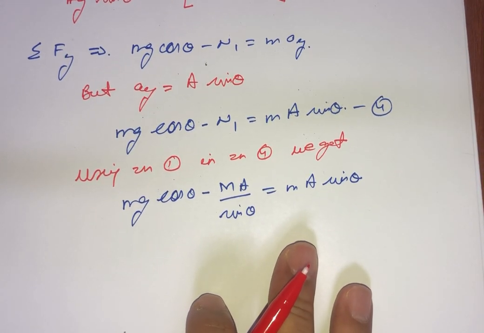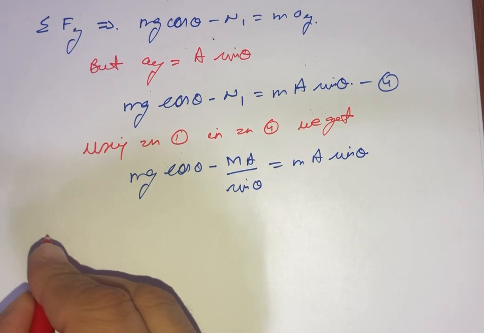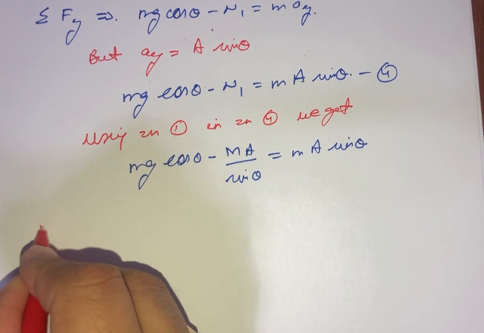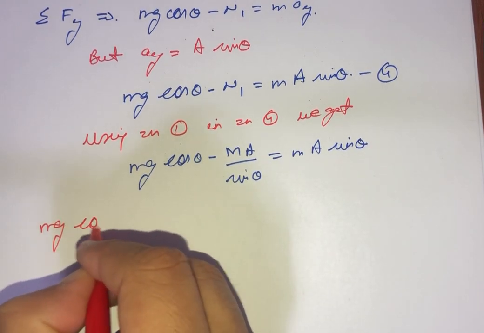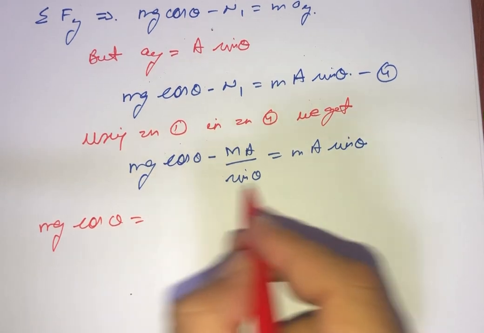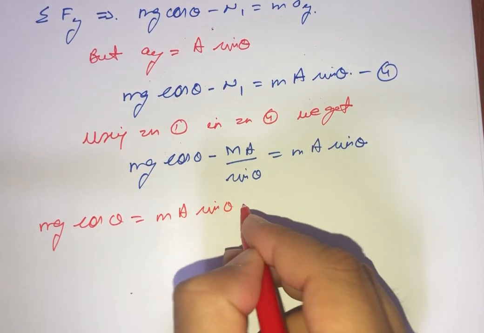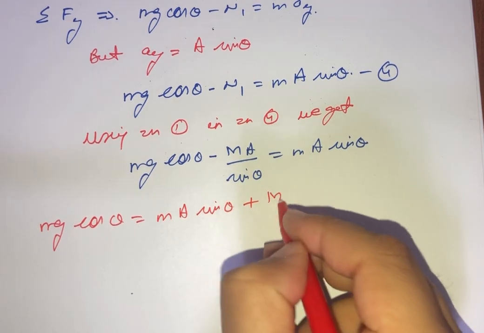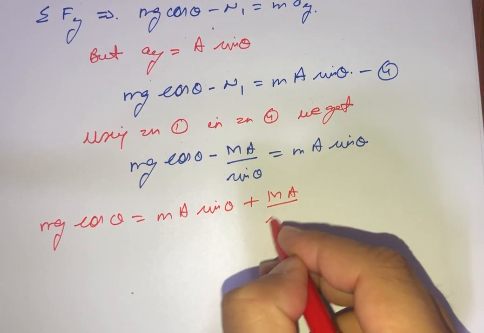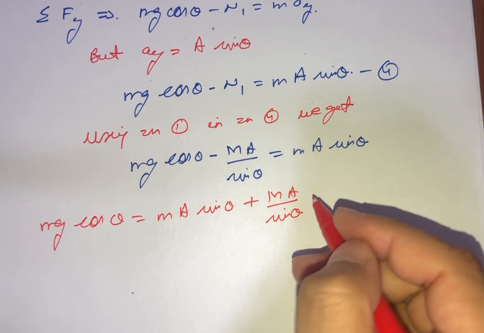We are going to get this as mg cos of theta is equal to ma sin of theta plus capital MA sin of theta.